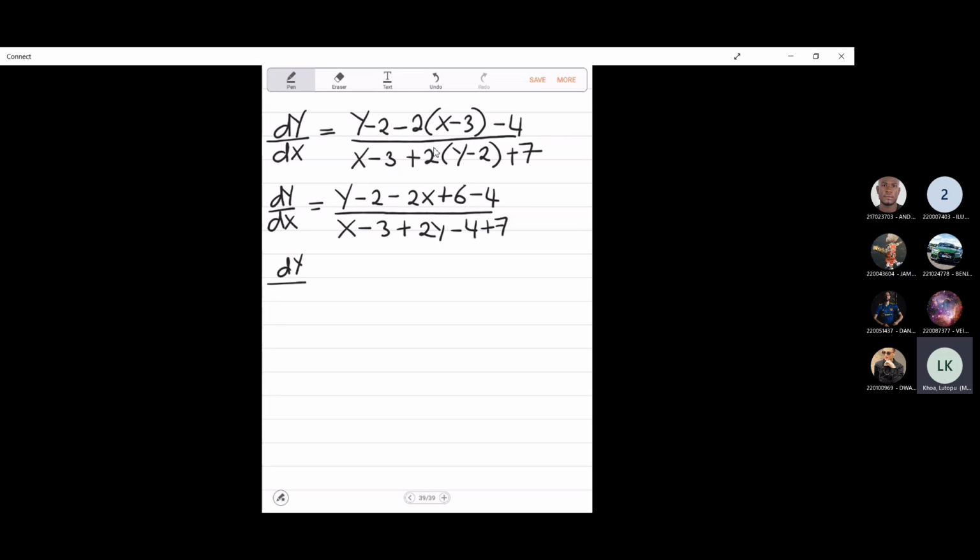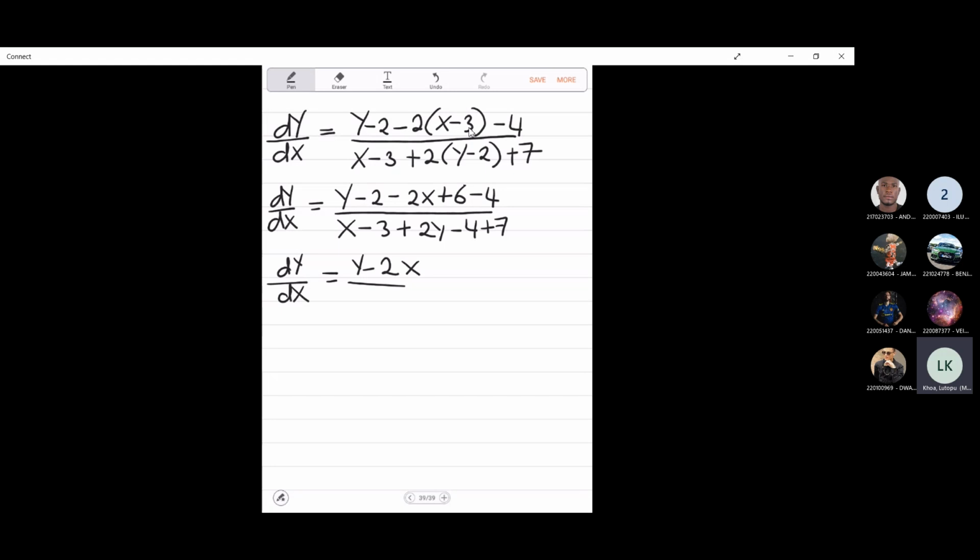So dy/dx, this is y minus 2x, and then -2 and -4 make -6 plus 6, that is 0.